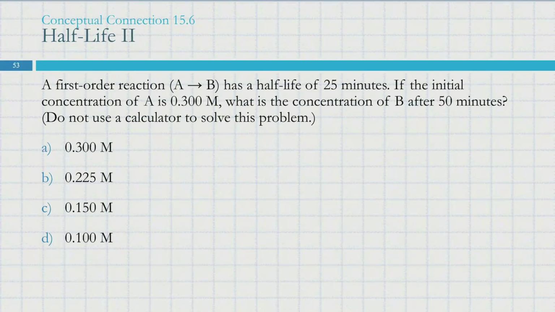For this one, you don't need a calculator. You can use a calculator if you really want to, but you don't. A first order reaction, A goes to B, has a half-life of 25 minutes. If the initial concentration of A is 0.300 molar, what is the concentration of B after 50 minutes?